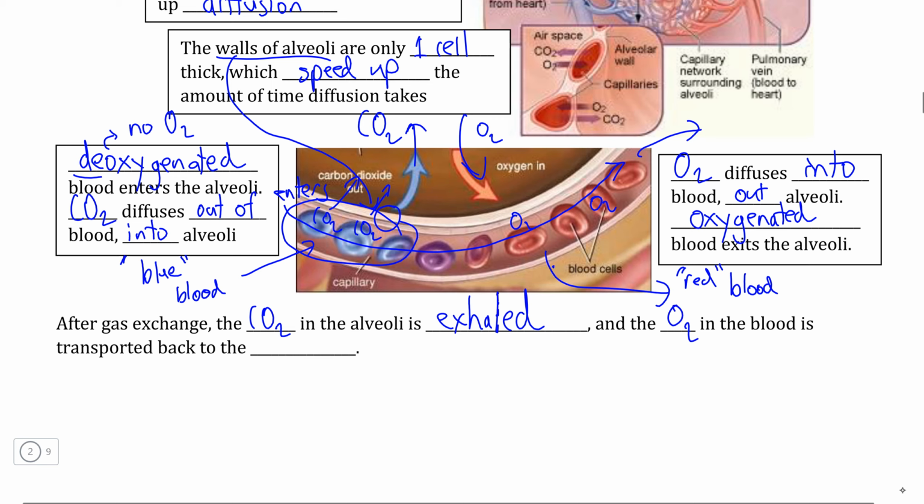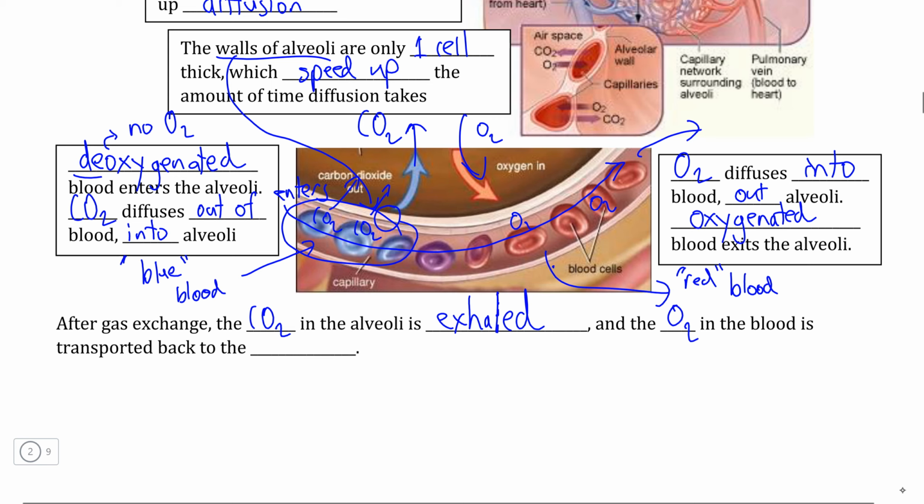And the oxygen that is now present within the oxygenated blood that is ultimately leaving the lungs needs to be transferred to the rest of your body, meaning that we need to get this blood back to your heart so that your heart can pump this oxygen-carrying blood to the rest of your body to supply every cell in the body with the oxygen that they need in order to produce the energy that they need in order to function.